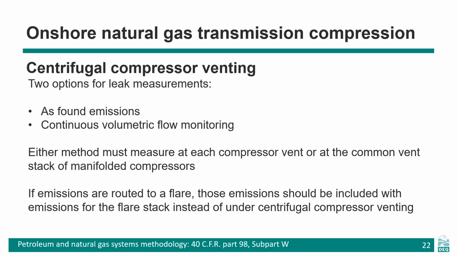For those using continuous volumetric flow measurement, where compressor blowdown emissions are included in the metered emissions, the emissions can be included under this emission source instead of being calculated separately using the methods for blowdown vent stacks.